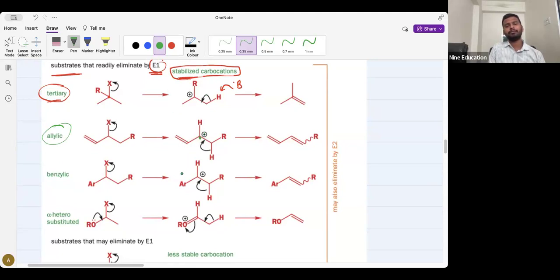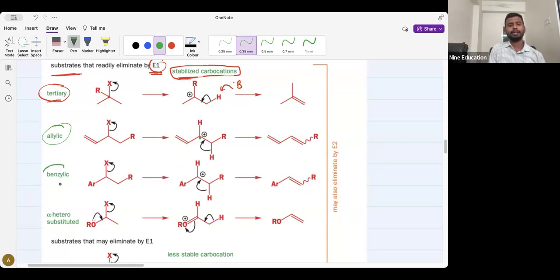So wherever you are getting a stable carbocation and you have a base condition, like alcoholic KOH or NaNH2, these all bases, then this alkyl halide will go and remove the halogen and make a stabilized carbocation. Now the base can come and take hydrogen. So this is a 2-step reaction.